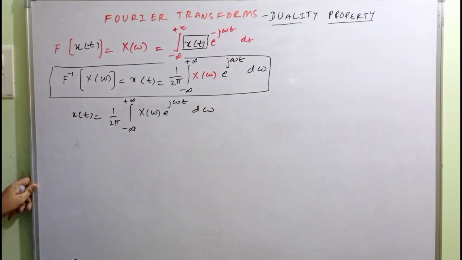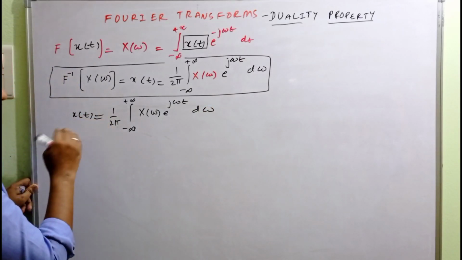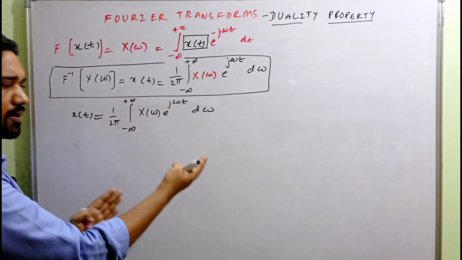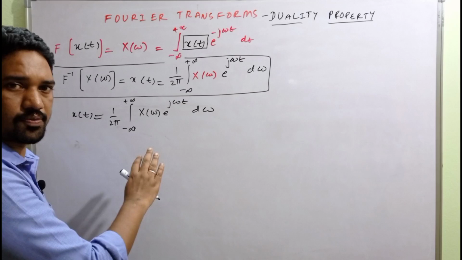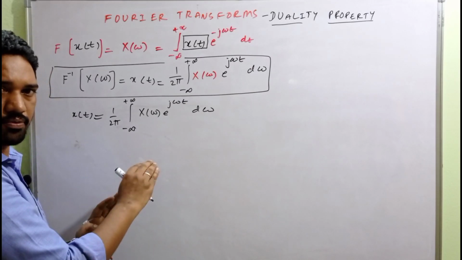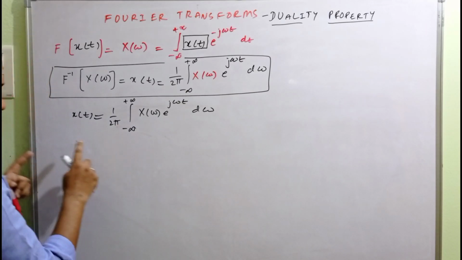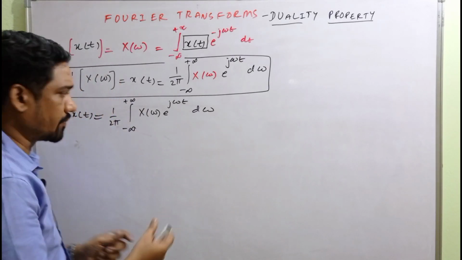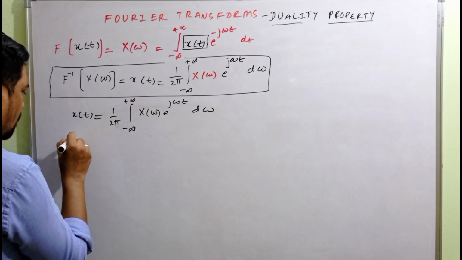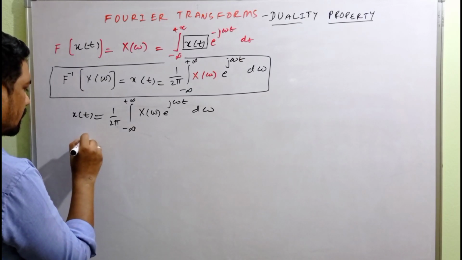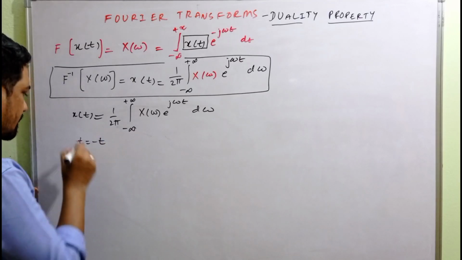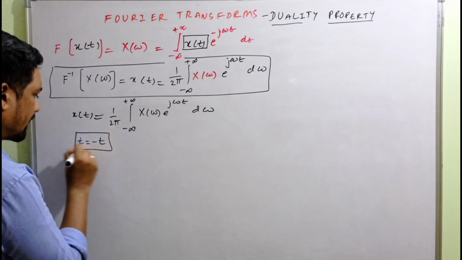Guys, in maths, whatever we do on the LHS can be done throughout the entire expression, and that doesn't change the characteristics of the complete equation, isn't it? So what if we substitute t equal to minus t on either side of the equation? That can be done, right? Substituting t equal to minus t.